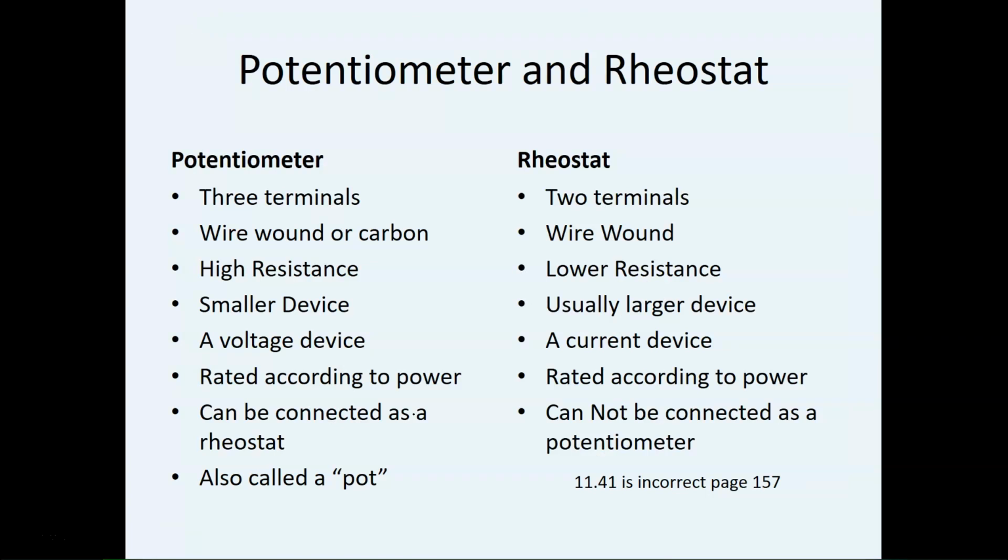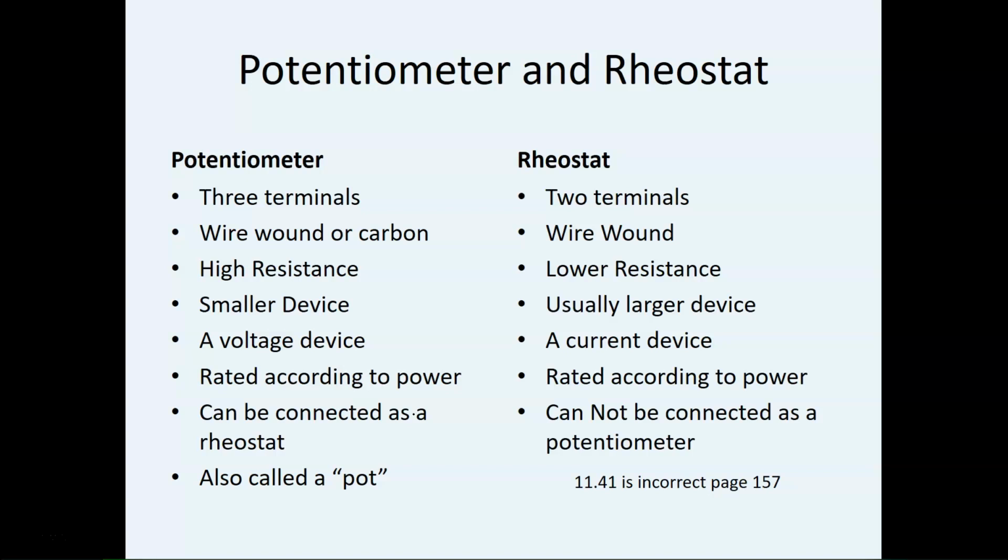So going between potentiometer and rheostat, and again, this is in your books, guys, so you might want to double check on all this, and it's very interesting. A potentiometer will have 3 terminals, a rheostat will have 2. Their composition is very similar. A potentiometer offers higher resistance and a rheostat not so much.